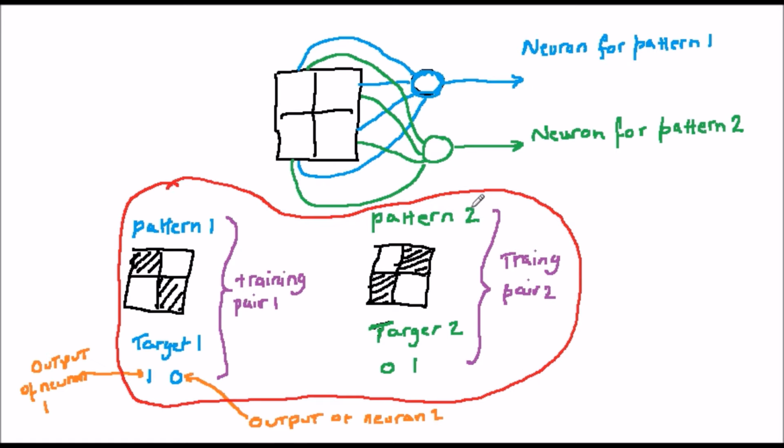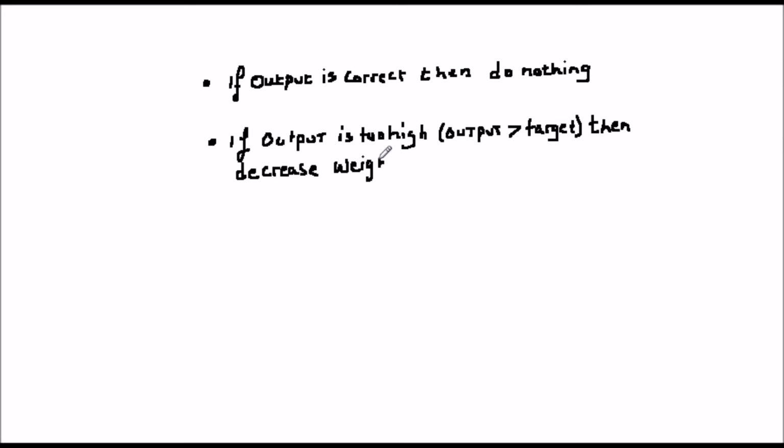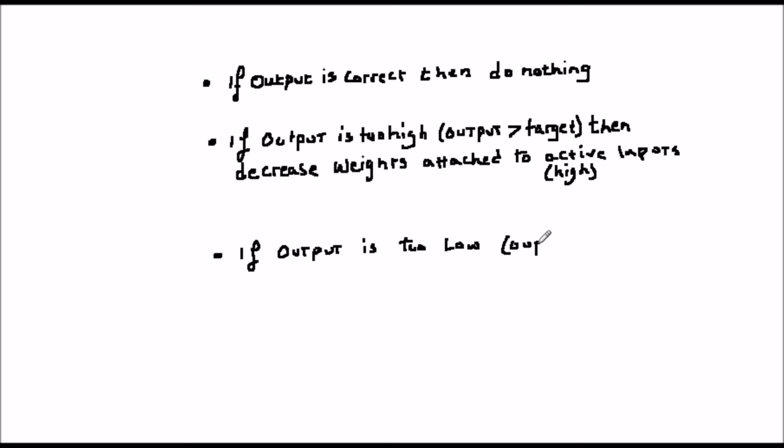So how could an algorithm be structured to change the weights appropriately to do this? Well, at a simple level, this could be as shown on the screen. Firstly, if the output is correct, that is, it's equal to the target, do nothing. We've already got the network trained for that target. If the output is too high, that is, the output is greater than the target we want, then decrease the weights attached to the high inputs.